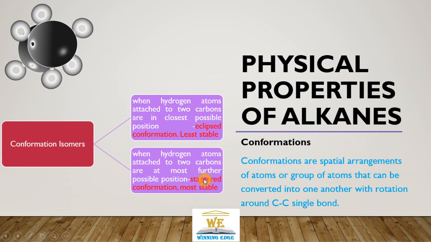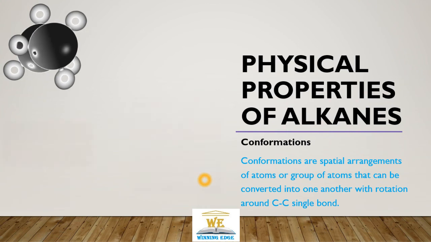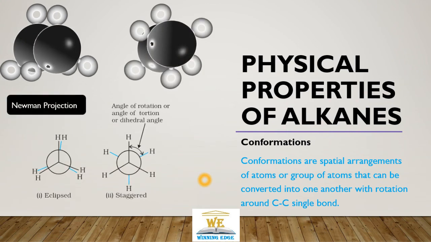These conformations can be depicted using Newman projection. What is a Newman projection? One carbon atom is represented by a ring, the other with this triangular structure. This central point is the carbon atom, and when we rotate, this is an eclipsed conformation. The angle of rotation is given by the difference between the two hydrogen atoms.